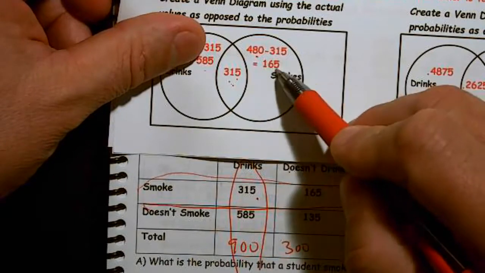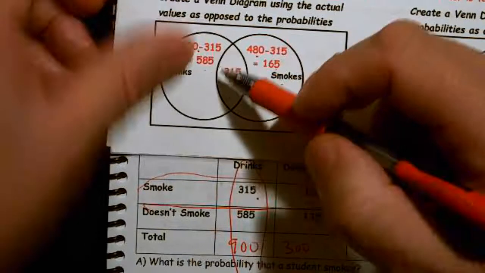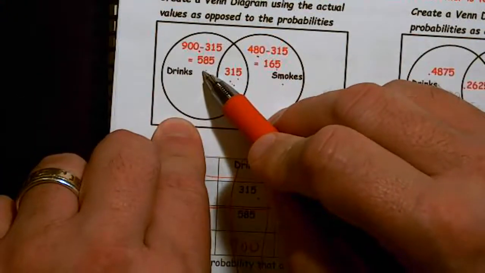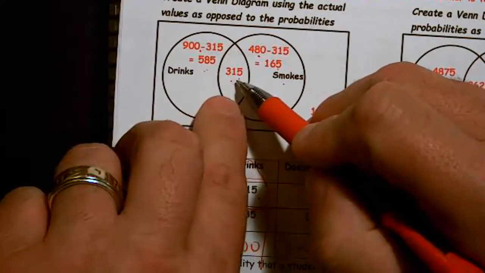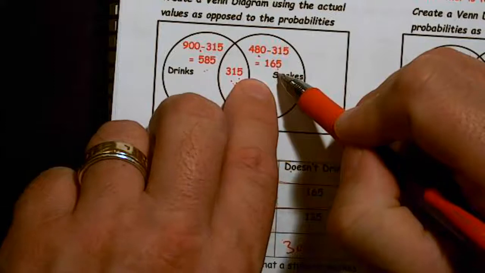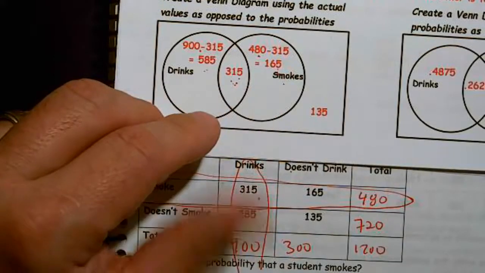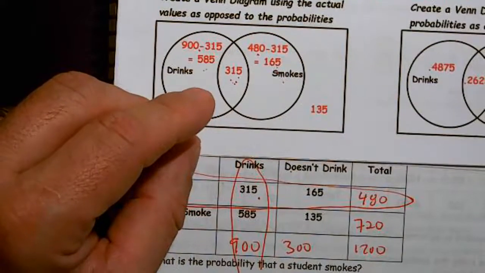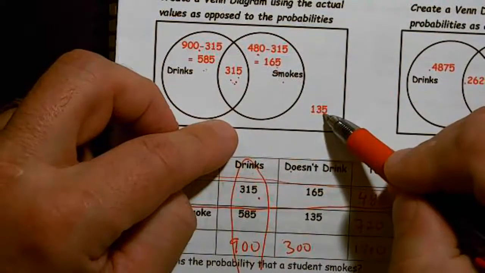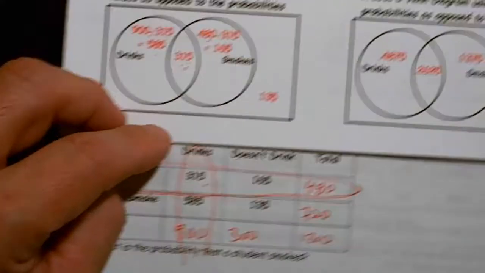So we subtracted that out, and we have 165 who smoke but don't drink. So once again, 585 who drink but do not smoke, 315 who do both, and 165 who smoke but do not drink. Well, that did not account for everybody. We had 135 that are out here, and they don't drink or smoke.